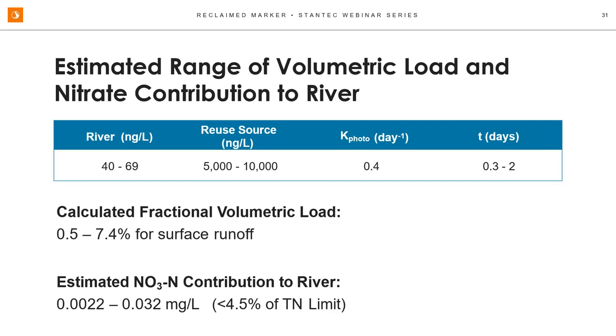And so ignoring that, we were able to show that this fractional volumetric load would be anywhere from 0.5 to 7.5% for any type of surface runoff if there was, say, an overwatering type of effect going on. And then knowing how much concentrations were in this treated water, if we looked at the nitrate, we would see this is the amount of nitrate that would be contributed to the river and what that was in terms of the total nitrogen limit.